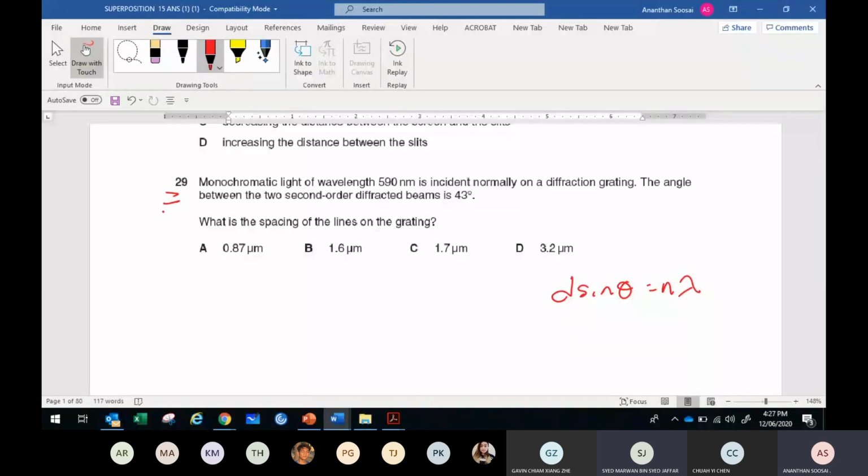Tell me your answer through WhatsApp. Hope everyone gives the same answer to me. Okay, anyone got the answer? Can send me.